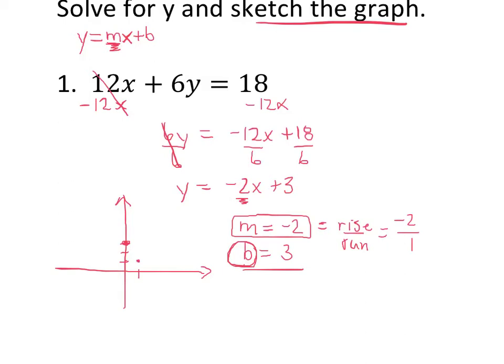So from the y-intercept, again, we went down 2 and to the right 1, and so now we can go ahead and connect the 2 points. So I'm going to just sketch a line. I know it's not perfect, but we're just trying to sketch it. Okay, so here is our slope-intercept equation, and then there is our graph.